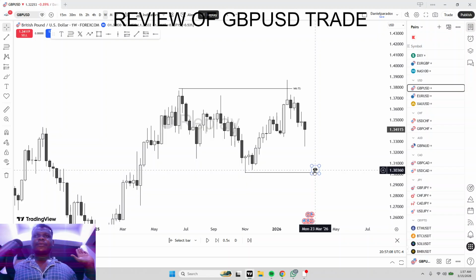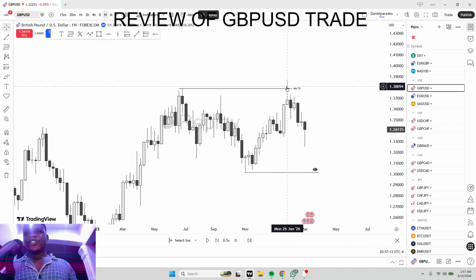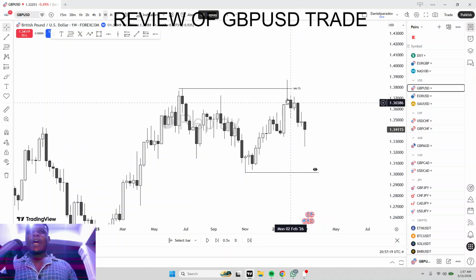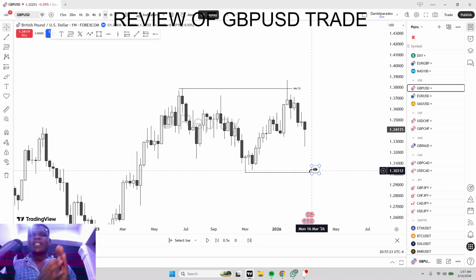That's all for the weekly time frame. That's the only thing I can see. The origin of the trend, this candle from year to year, is a good downtrend on a lower time frame. So now this is the origin of this trend, and this is hopefully where it's coming to.